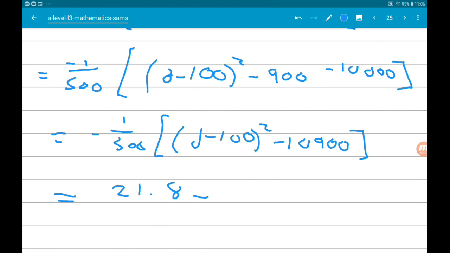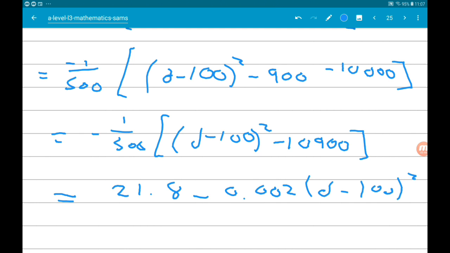So we get minus 0.002 times d minus 100 squared. So that's the answer.